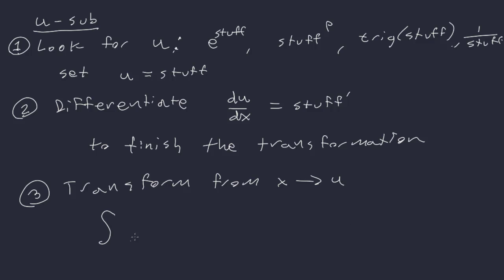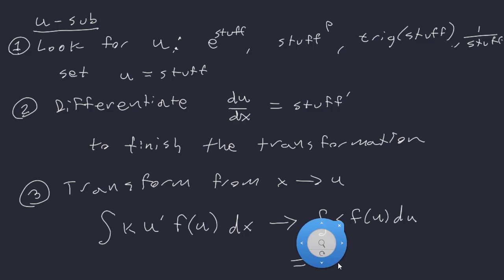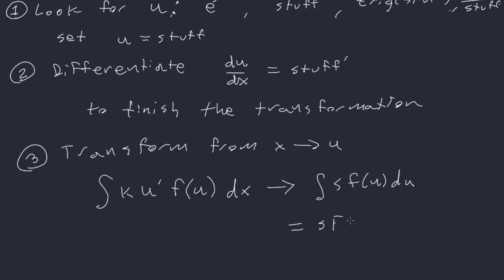What's going to end up happening is you'll have a constant k times u prime times f of u dx, and you're basically turning this into maybe just some other constant, say s times f of u du. As you can see, it's simplifying our integral down to something a lot easier to deal with, so that it comes out to just be s times capital F of u plus c.